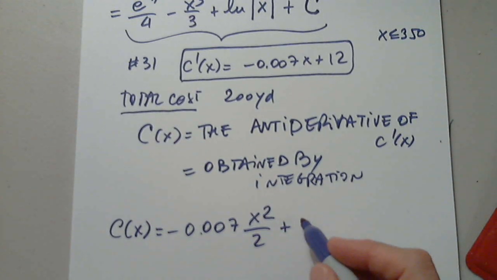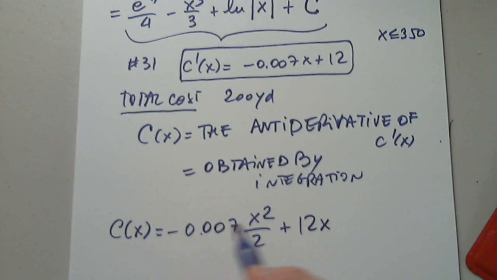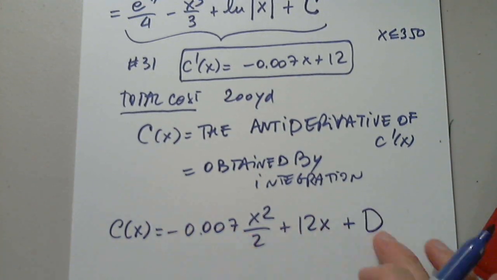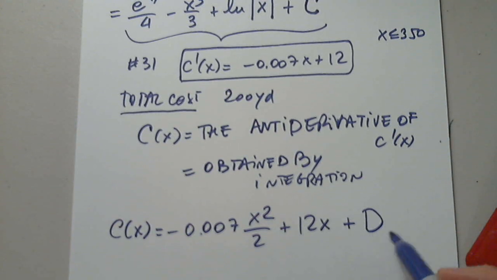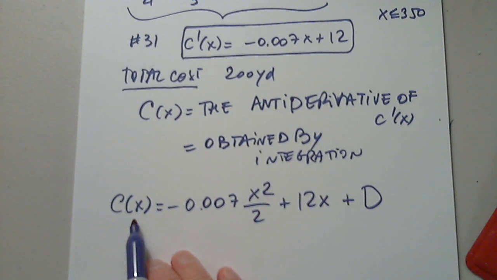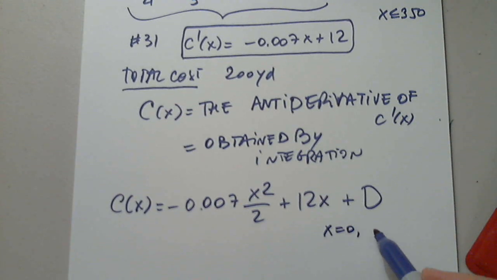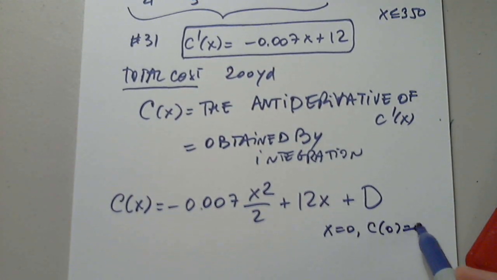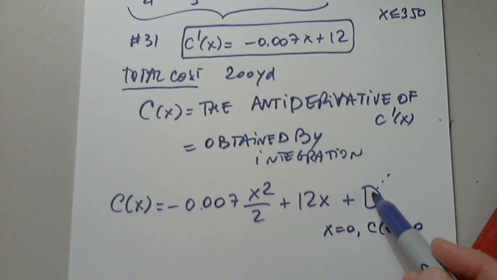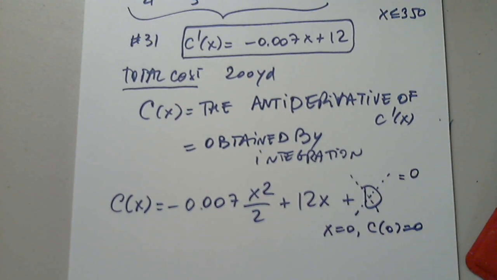And we can never forget plus. I'm not going to use c, I'm going to use d this time, because c and d are not different things, so if I use c, you may get confused with this. A constant d. Well, in this case, because we're talking about cost, if x is 0, the cost is 0. So this can be omitted as being 0.